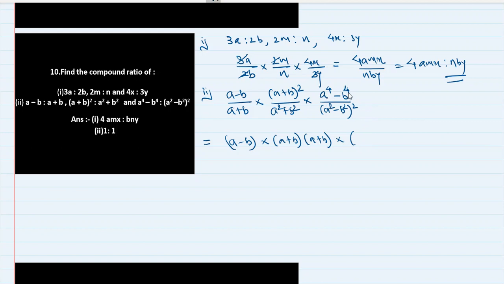So I am factorizing this orally. See, this will become a square minus b square into a square plus b square, and a square minus b square in turn becomes a plus b into a minus b into a square plus b square. The whole thing is now factorized into this.